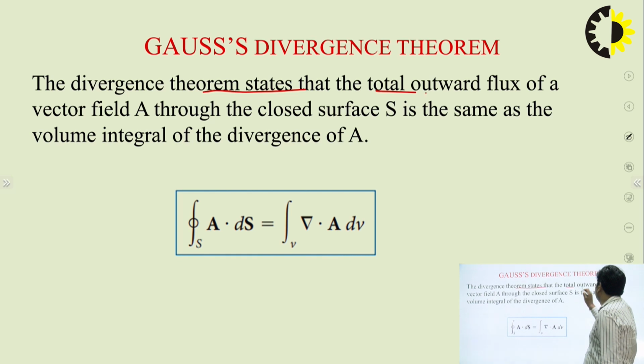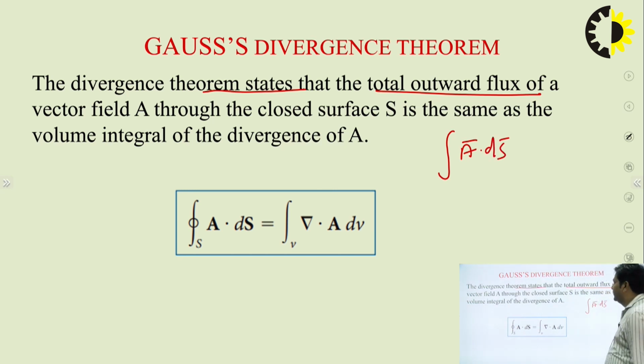The total outward flux is calculated by the integral of A dot dS over the closed surface S, where A is the vector field.